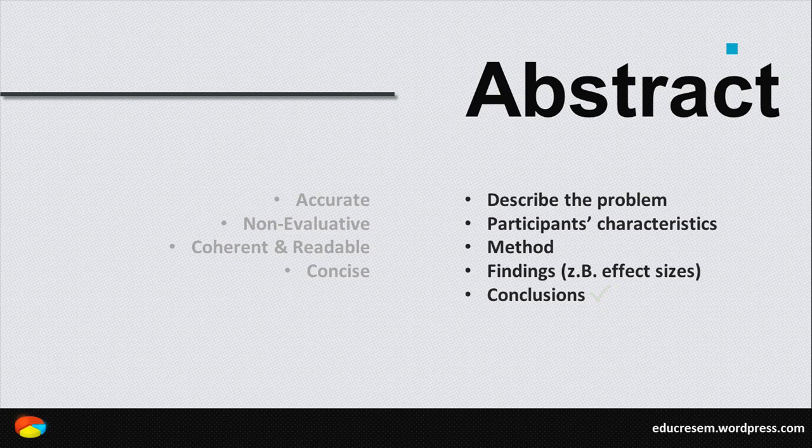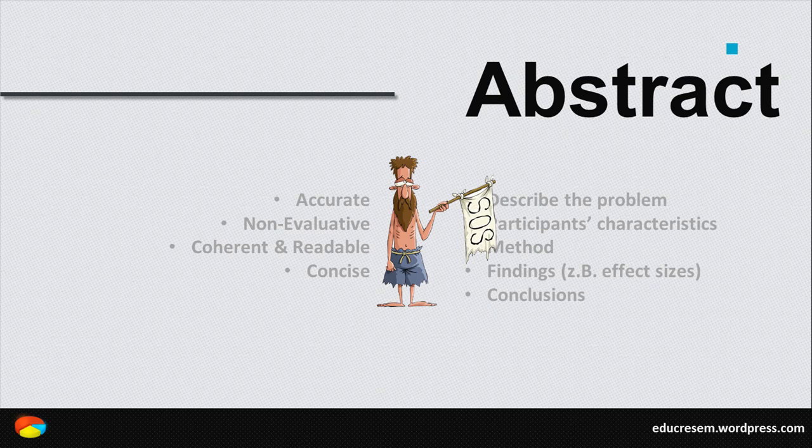The abstract is the place where the reader will decide whether he or she will continue to read the paper or not. So it's very important that you devote a lot of time to do a very good abstract. I know this is a lot of things, given that you just have a range between 150 and 200 words.